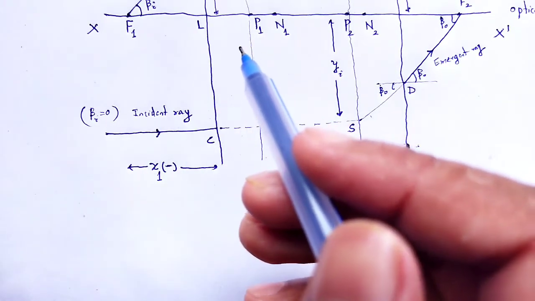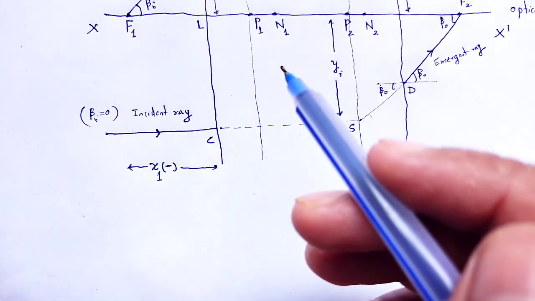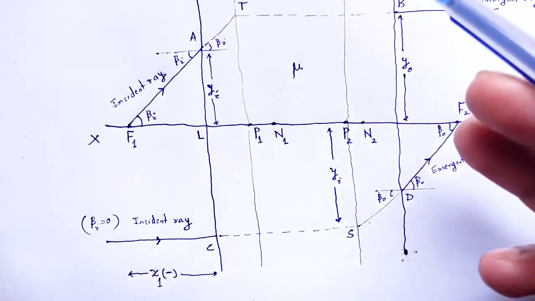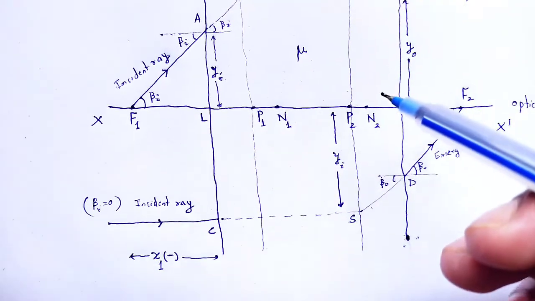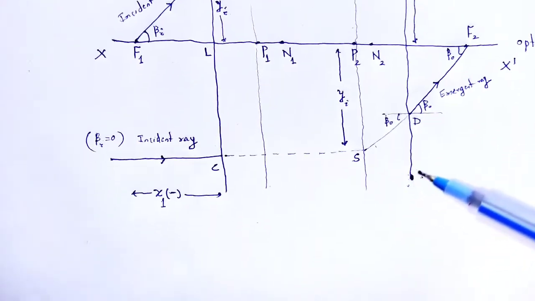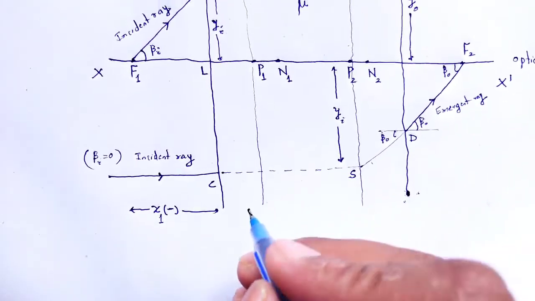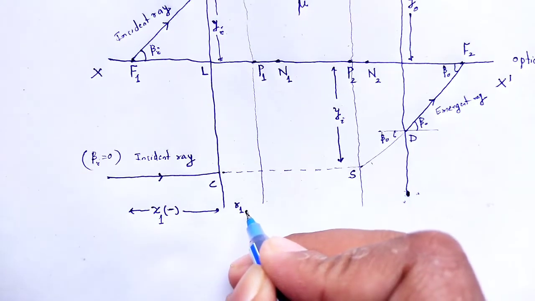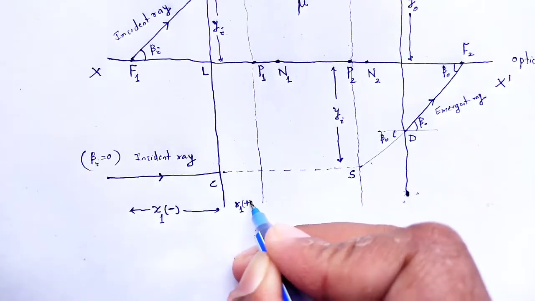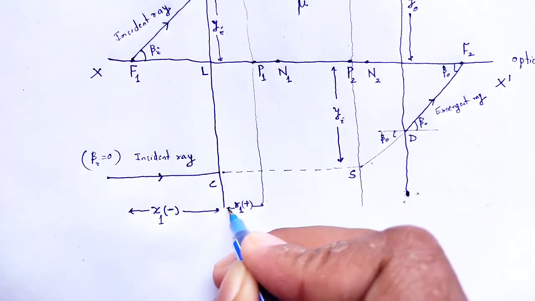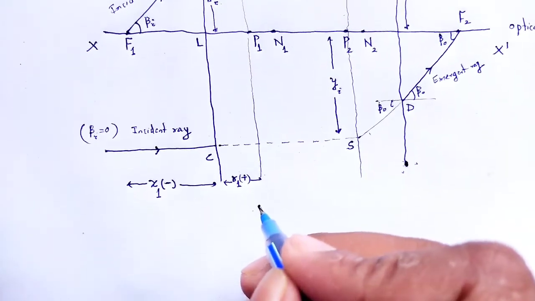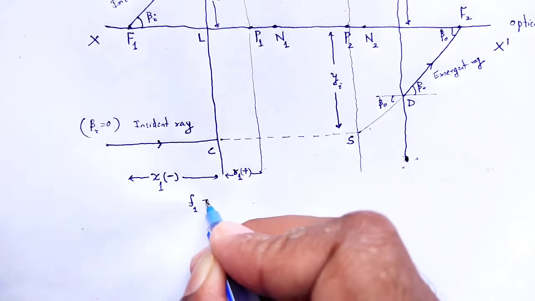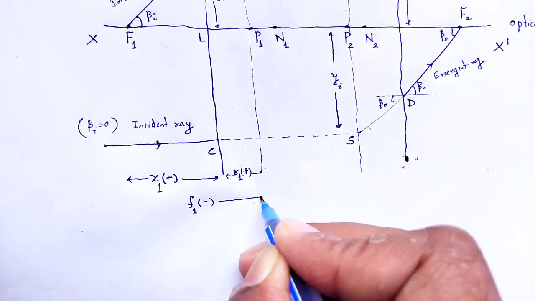If it is in the same direction as the incident ray, then it is taken as positive. Above the optical axis is taken as positive, below the optical axis as negative. Same thing here: the distance r1 is positive, and the first focal length f1 is negative.